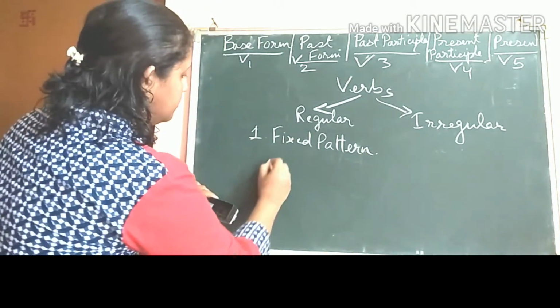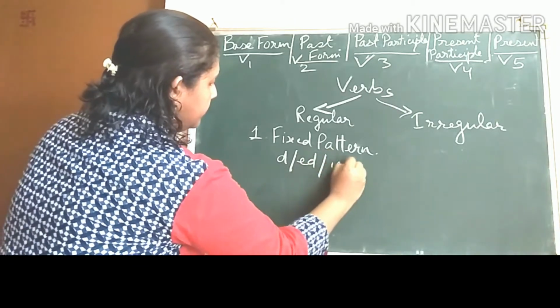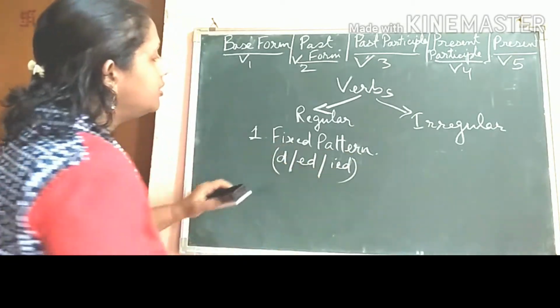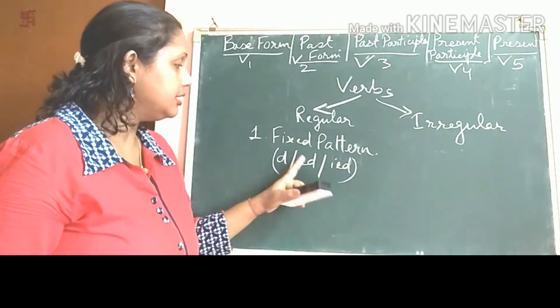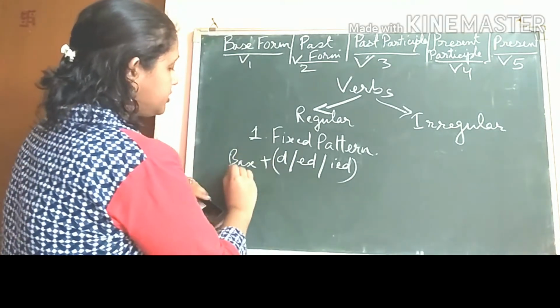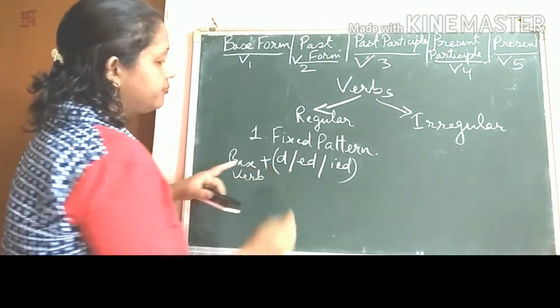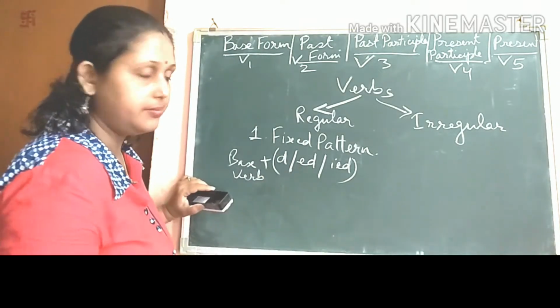By adding d, ed or ied. So regular verbs follow a fixed pattern by adding d, ed or ied to the base verb. Okay. So it can be changed immediately. There is no such problem.